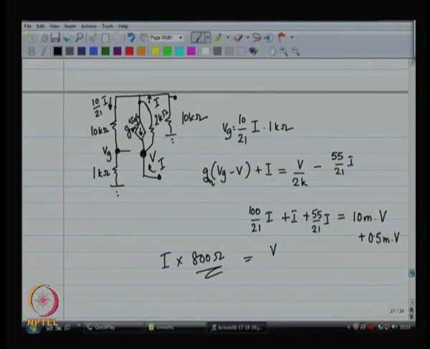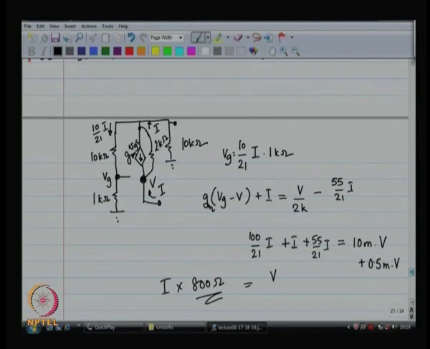Well, if you look at our previous computation, we had done some calculation as to finding out the resistance from some other point.